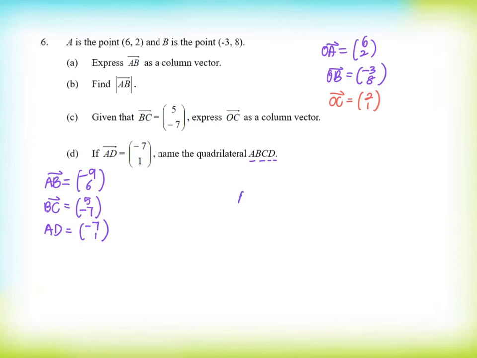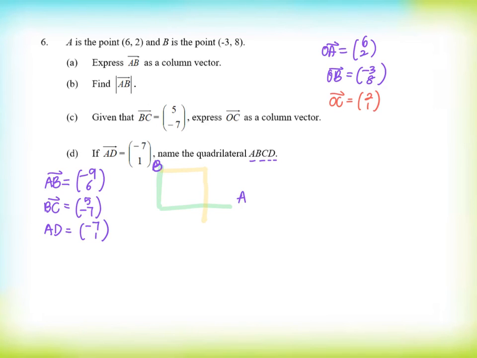I have point A, and A to B is given to be the vector (-9, 6). So that means I'll probably travel negative 9 and then 6 units up to give me A to B at this point. And I know that B to C is (5, -7), so we'll probably travel 5 and negative 7.